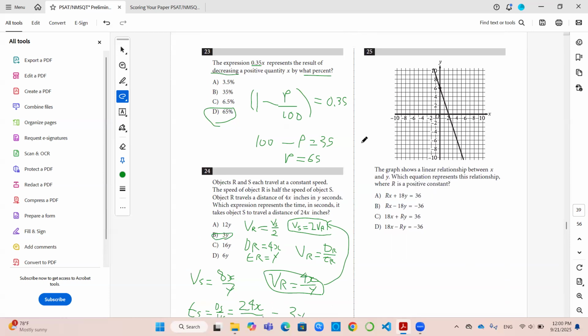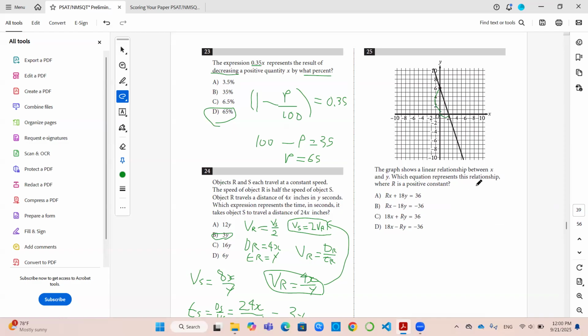The graph shows a linear relationship between x and y. Which equation represents this relationship where r is a positive constant? If I see a line here, what I would do is immediately get the slope. So we have 6 and 2, so rise over run.